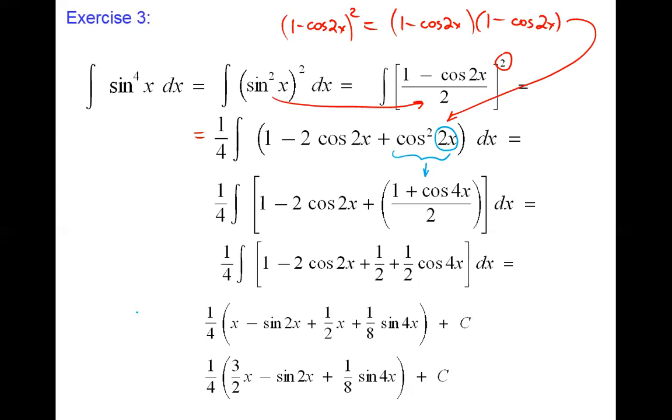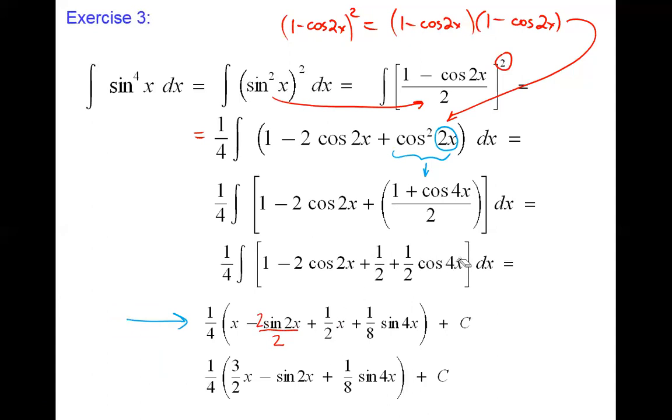And now I am integrating. Integral of 1 is x. Integral of cosine of 2x is sine of 2x over 2, times 2 will give me 1. That means I can possibly write that 2 and over 2, just for you to see this. Integral of 1/2 is 1/2 x.